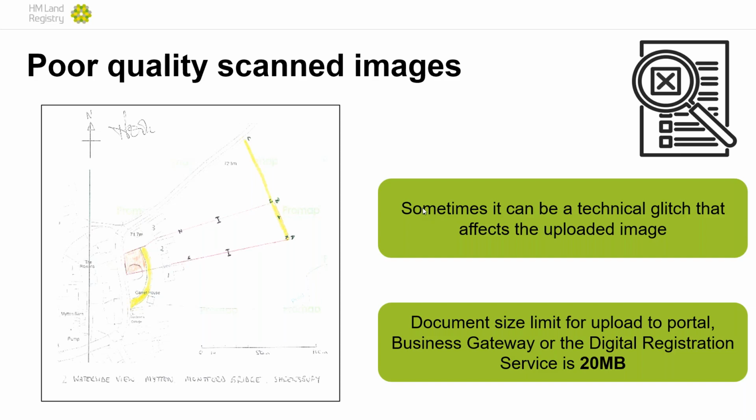It may well be that the image you sent us was okay, but a technical glitch has occurred in the electronic process. Either way, please upload a new image and this will usually resolve the problem. Remember, the document file size limit for uploading via Portal, Business Gateway, or the Digital Registration Service is 20 megabytes. We are, however, currently reviewing the limit.